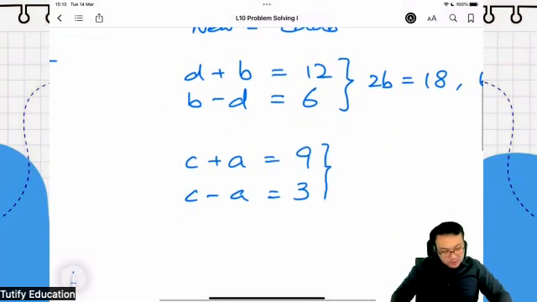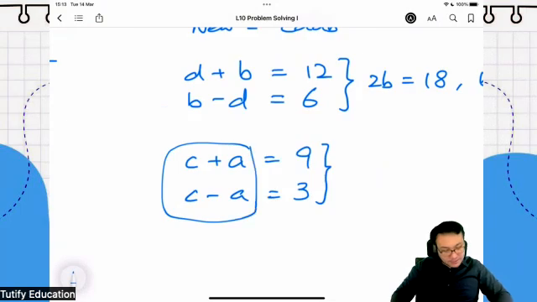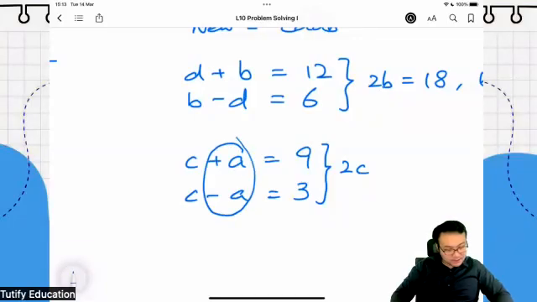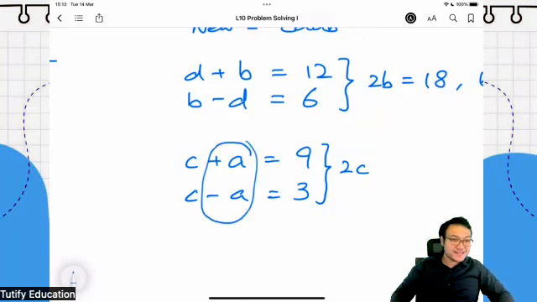So now you look here all together. You add them up. How many C's do I get? You get 2. How many A's do I get? 1 and 1, so 0, because A minus A is 0.